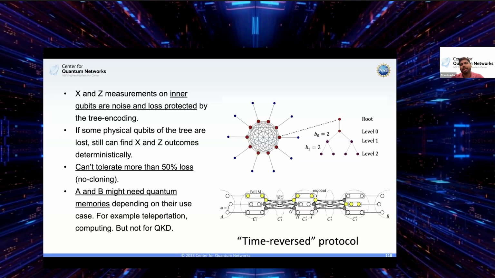And one quick point that I would also like to mention, which is talked about often in literature about these all-photonic schemes, is that they're time reversed in some sense. The reason people say that is because in a typical memory-based scheme, you would do your heralded link generation first, right? And then you would do your entanglement swapping. Here it's kind of reverse in the sense that the entanglement swapping is already done for you in the repeater graph state, right? You're not doing any swaps amongst the successful links.